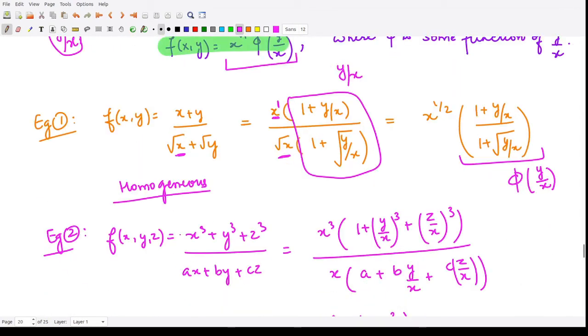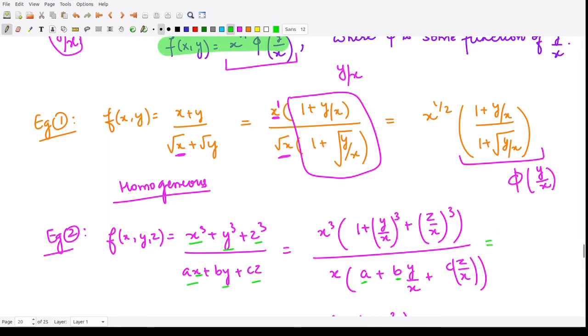Another example, you see we have a function in 3 variables, and here it is given to be x cube plus y cube plus z cube divided by ax plus by plus cz. So from the numerator, when you take x cube as common, you would have 1 plus y by x whole cube plus z upon x whole cube, and from the denominator when you take x common, it would be a plus b into y divided by x plus c into z divided by x.